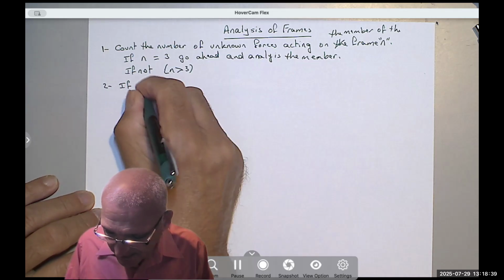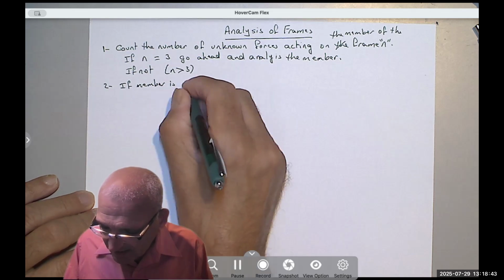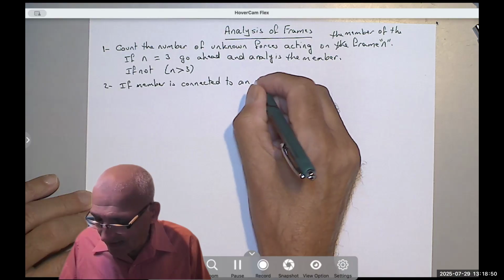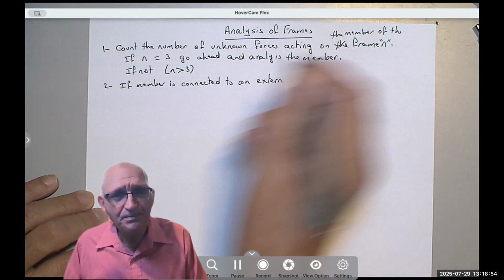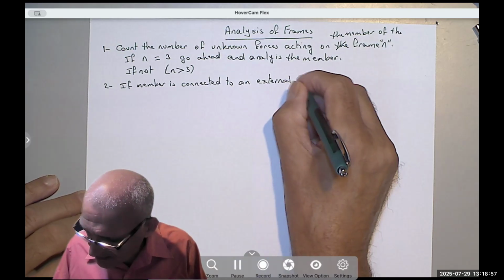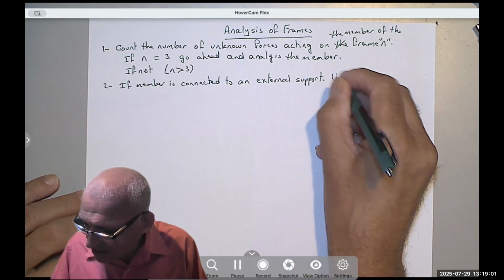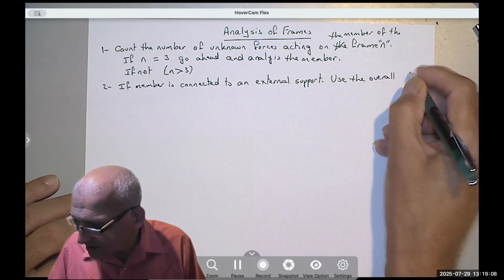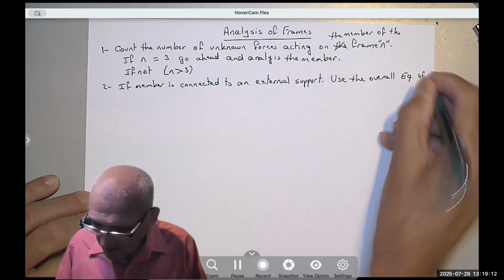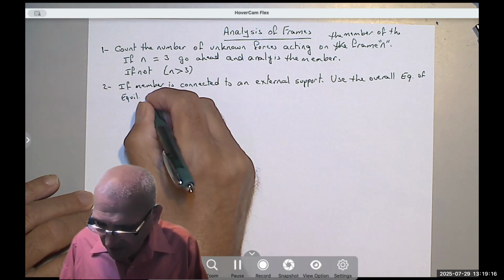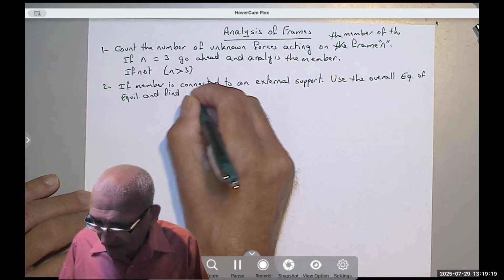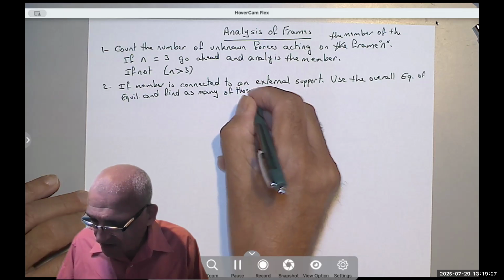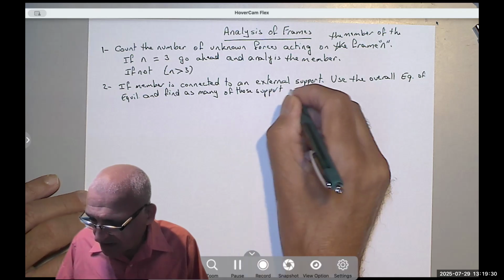If your member is connected to an external support, like a pin or a roller, use the overall equilibrium equations and find as many of those support reactions.